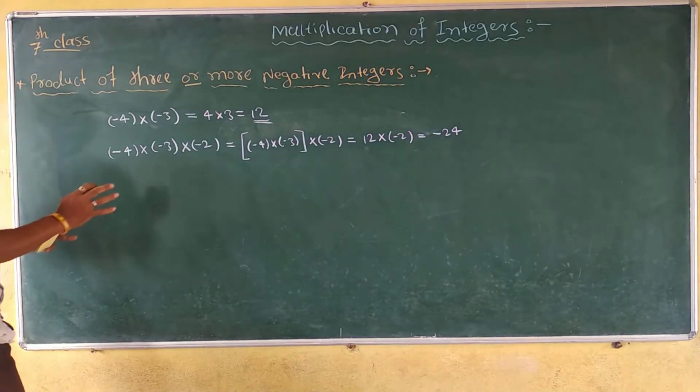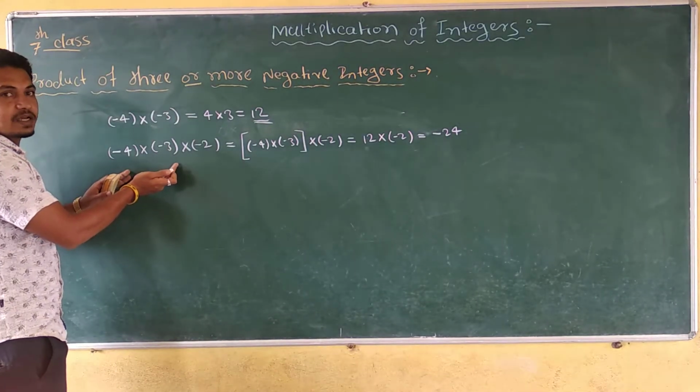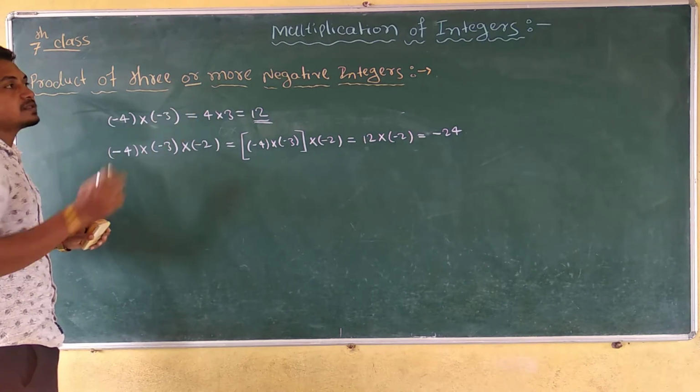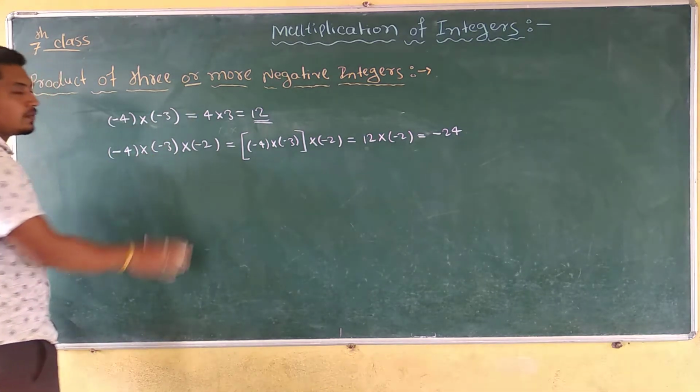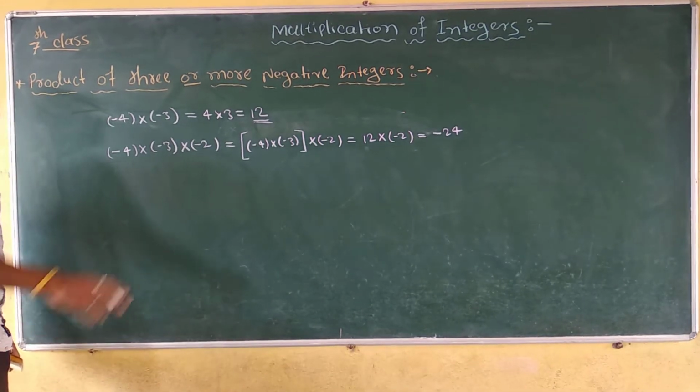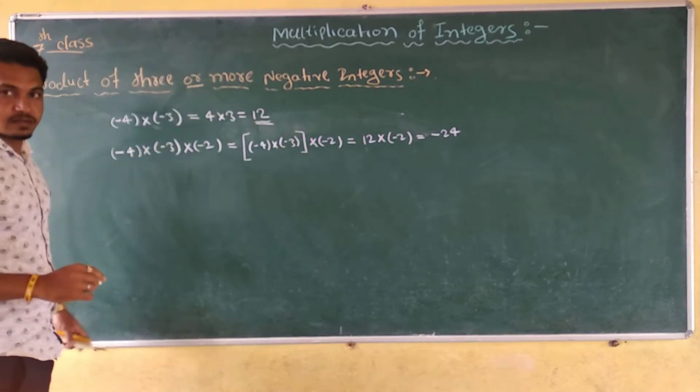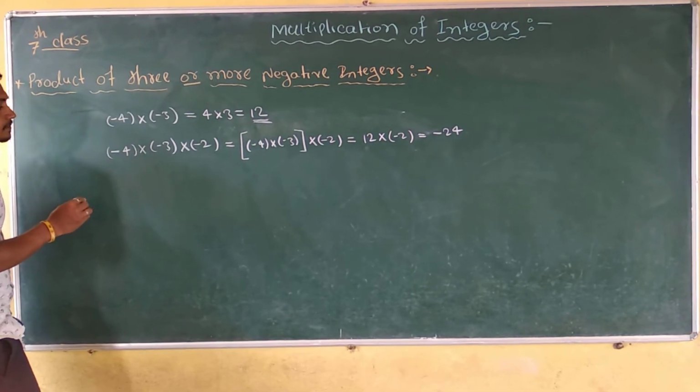The product of three negative integers gives a negative integer.